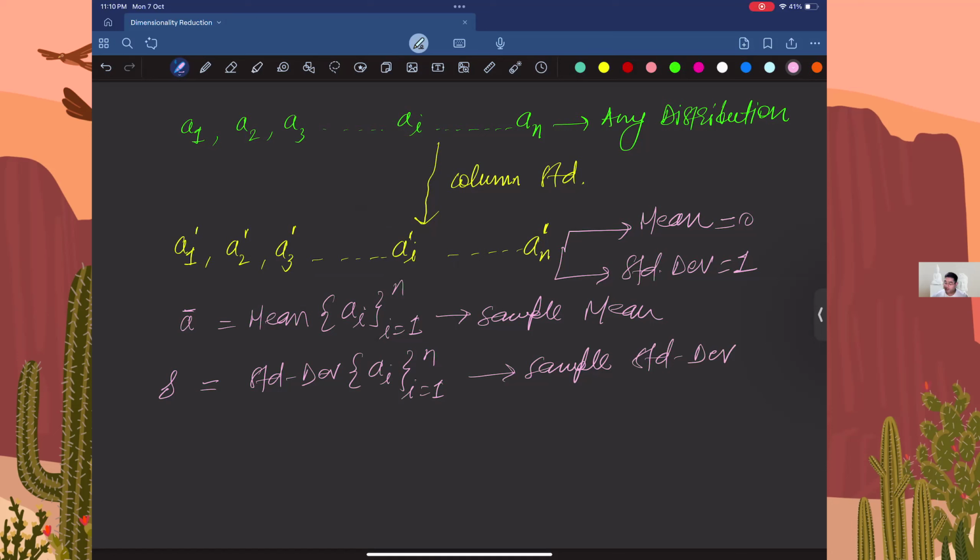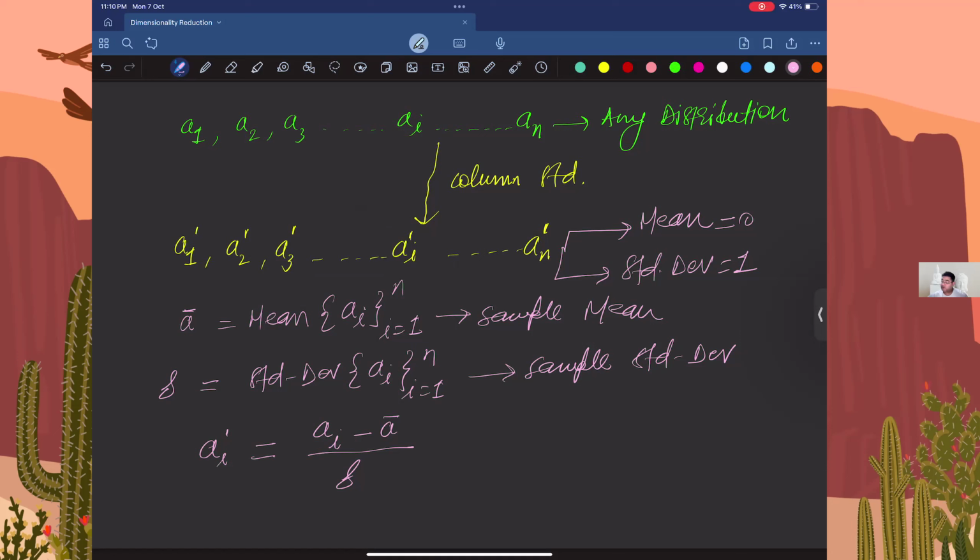So if I have to write A_i dash, this is the formula to calculate A_i dash: A_i minus A bar by small s. What does it mean?